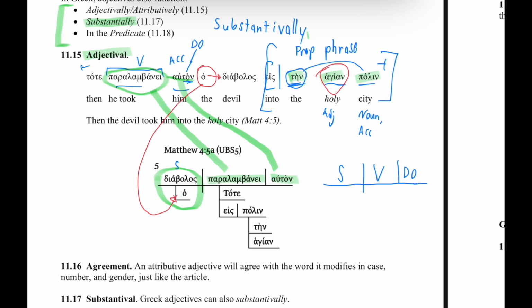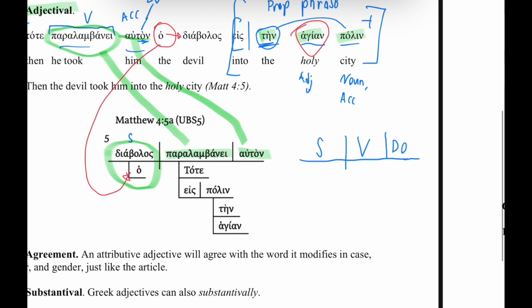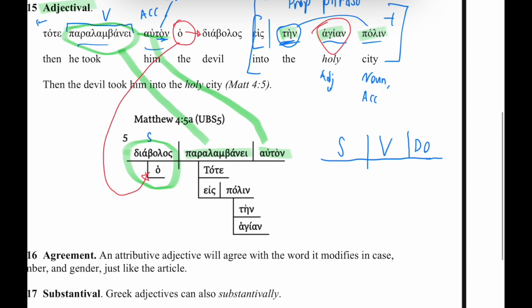So ha is underneath diabolos, and we also have a couple other modifications happening, and we'll talk about them later. This one here is an adverbial modifier, and another adverbial modifier, because it's underneath the verb. So what's underneath the verb is listed as an adverb. But here we have over here our hagion. And how do we handle our hagion?